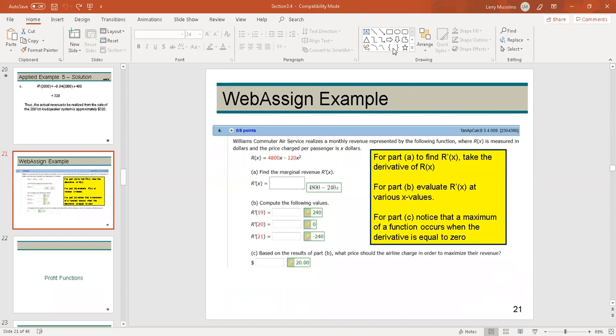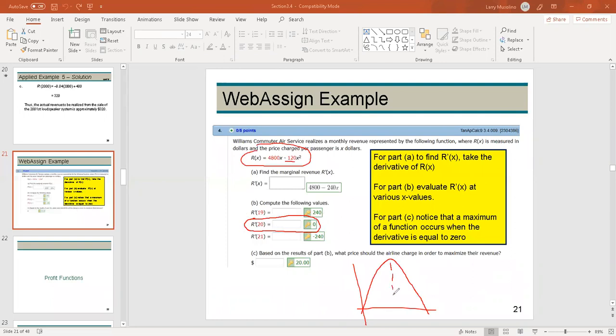Now, when you think about this, this revenue function is quadratic. You might notice the coefficient in front of x squared is negative. Well, that tells me the graph of this is a parabola. Well, here it happens that R prime of 20 equals 0. Remember the derivative is the slope of the tangent line.